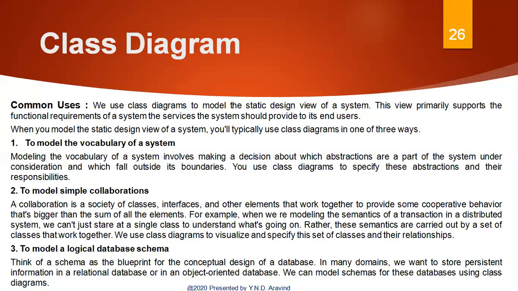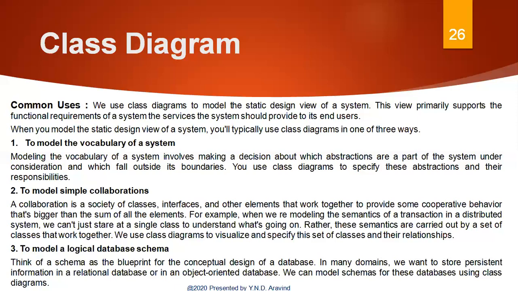And the second one is to model simple collaborations. As we know, a collaboration is a society of classes, interfaces, and other elements that work together to provide some cooperative behavior which is bigger than the sum of all the elements.